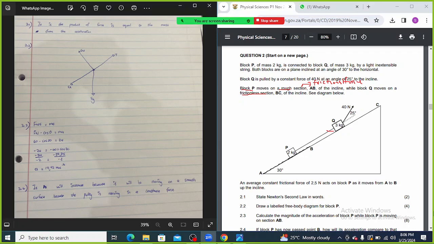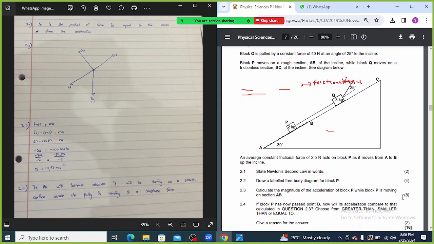For the first question, they are saying state Newton's second law. If you have to state Newton's second law, it is the law that is usually found when you are doing the Newton topic.